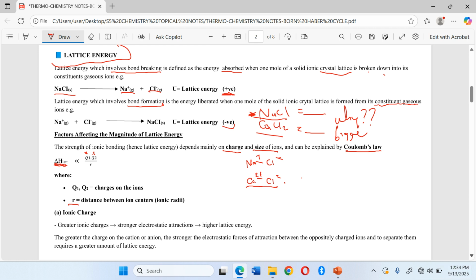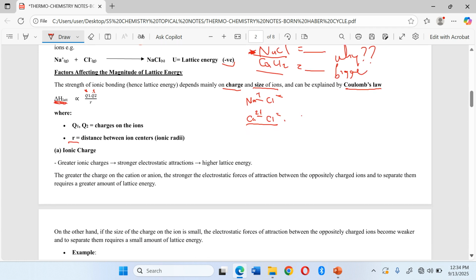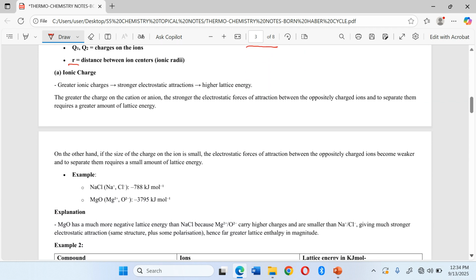So let's bring the whole of this so that we can be noting down as we go through each one of them. We are saying that the ionic charge, how does ionic charge affect lattice energy?